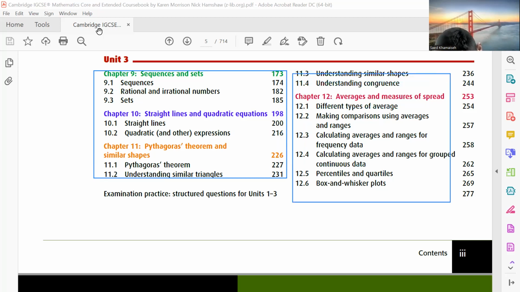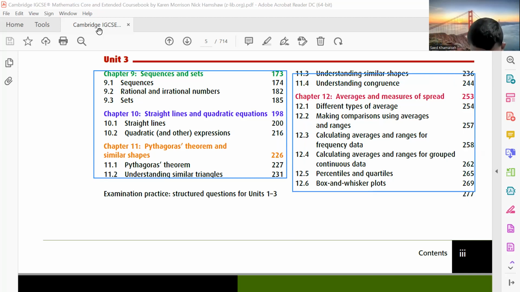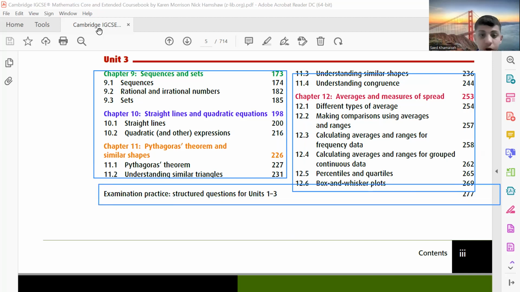Then we complete chapter 11 and start with chapter 12, which may be harder. Okay, we will have an examination for the first 3 units, so it is important.